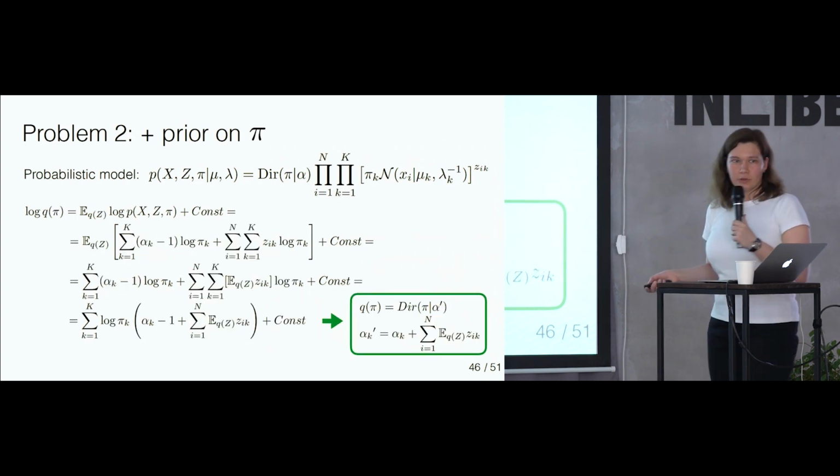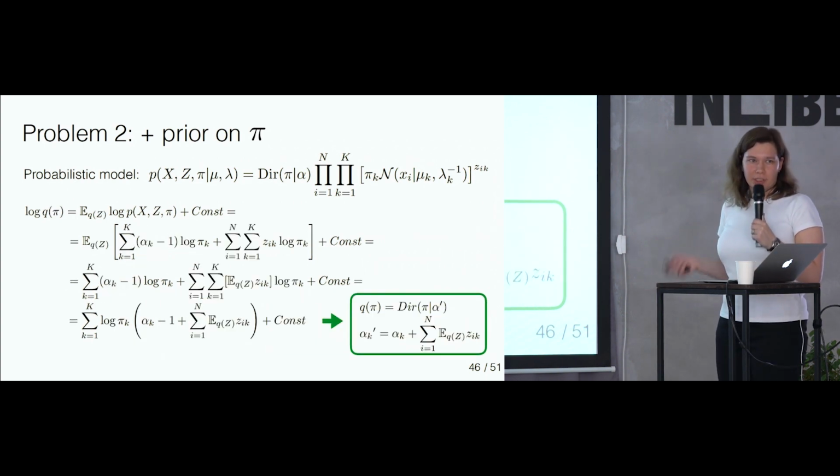From this slide, we know that Q of P is Dirichlet. And if you open the Wikipedia page about the Dirichlet distribution, there is a formula for how to compute the expectation of the logarithm of P. Or if you don't want to use Wikipedia, you can just compute it yourself: take the expectation, take the integral, and compute it. It's computable.